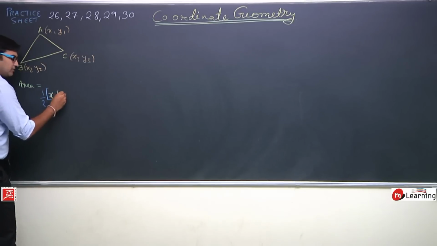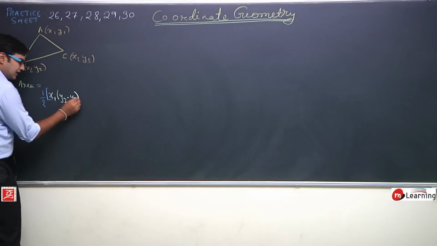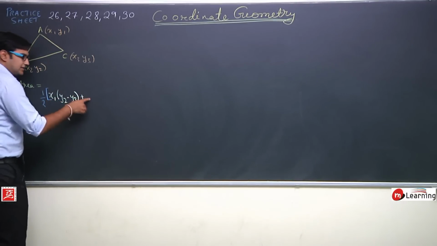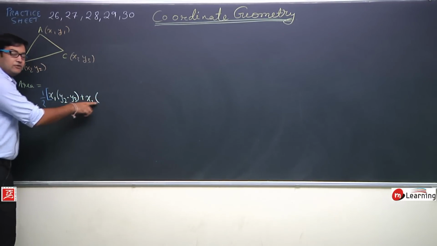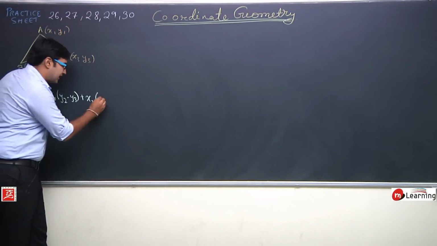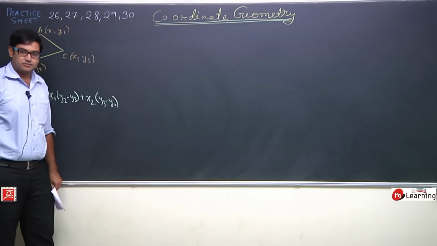So x1 times the bracket y2 minus y3. Then bracket close, then plus. Now x1 we have written, next term will be x2, and in the bracket 2, after 2 it will be 3, then 3, after 3 it will be 1. So I will write y3 minus y1.